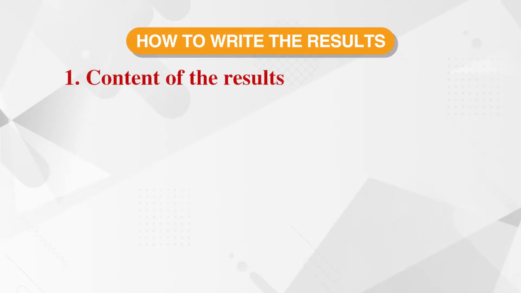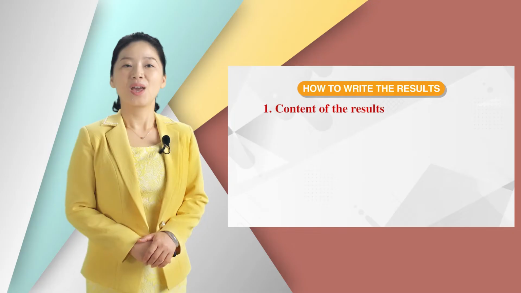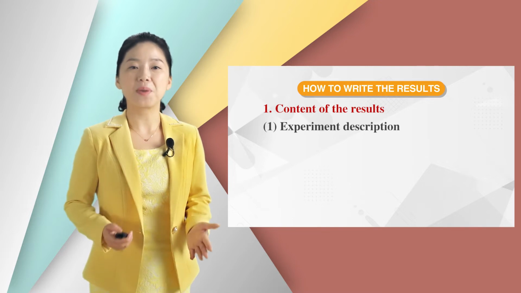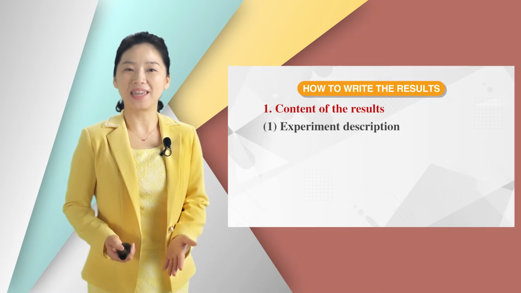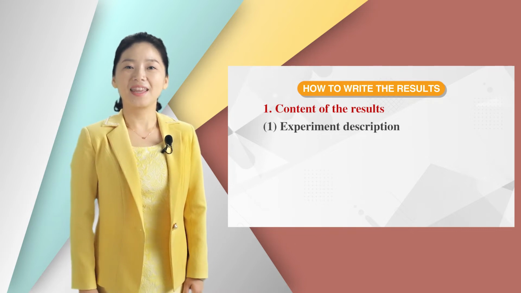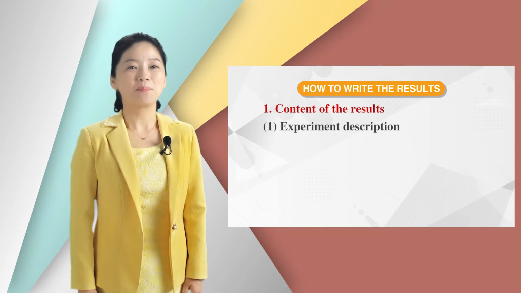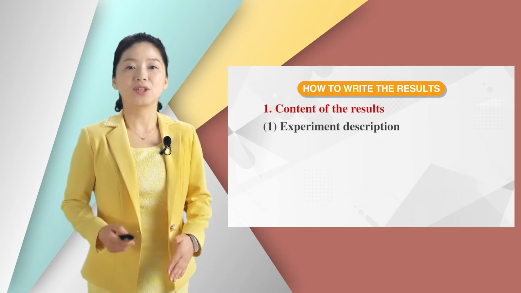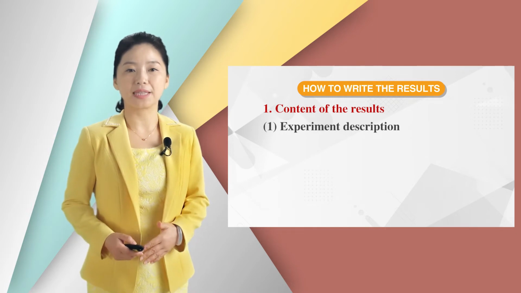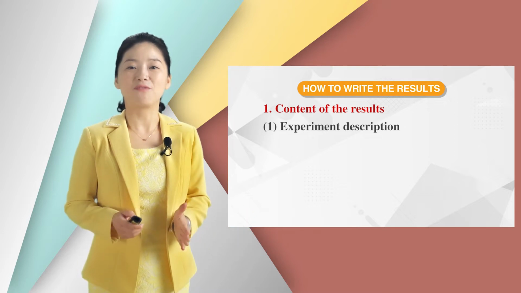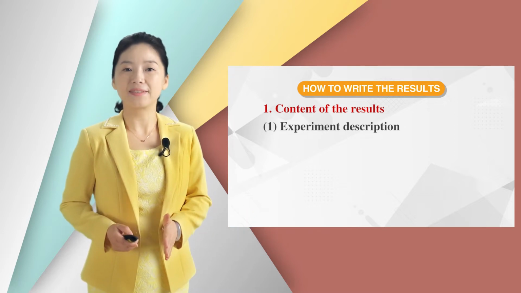What are the core elements in the results section? First, an overall description of the experiments should be presented. It is just the big picture, and you cannot repeat the details of the experiments mentioned previously in the section of materials and methods.